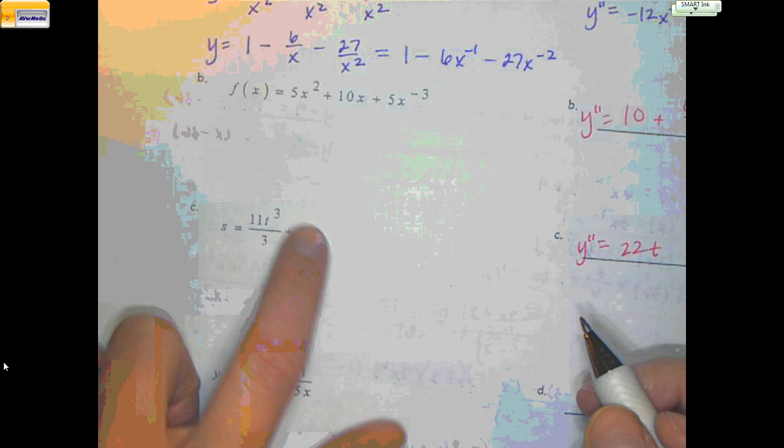That would be fine. Letter C, second derivative is 22t. And if this piece right here threw you off, if it helps you, rewrite that as 11/3 t cubed. That probably helped most of you. That's what that means. It's the same thing.